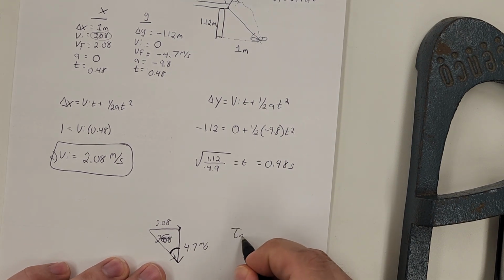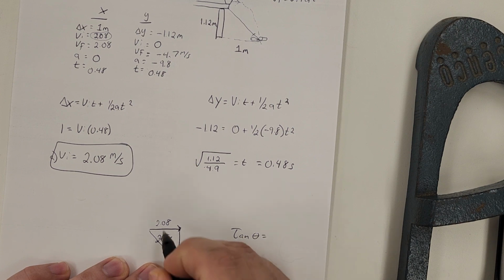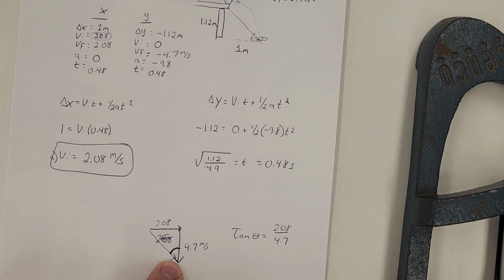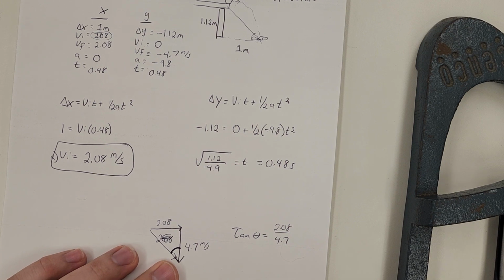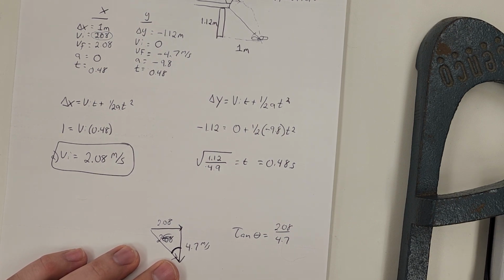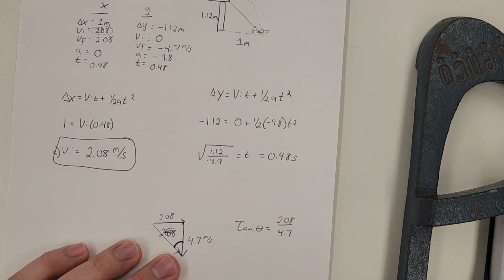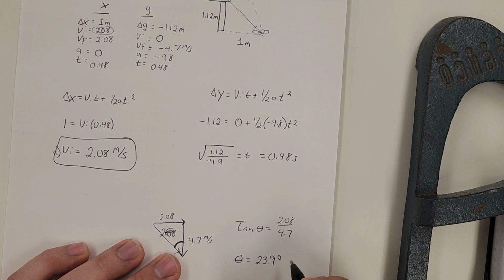We'll go ahead and use tangent. Tan of the angle is equal to the opposite, 2.08, over the adjacent, 4.7. And what do we get here? We'll have to do an inverse tan of 2.08 divided by 4.7. And we get that this theta is equal to 23.9 degrees.